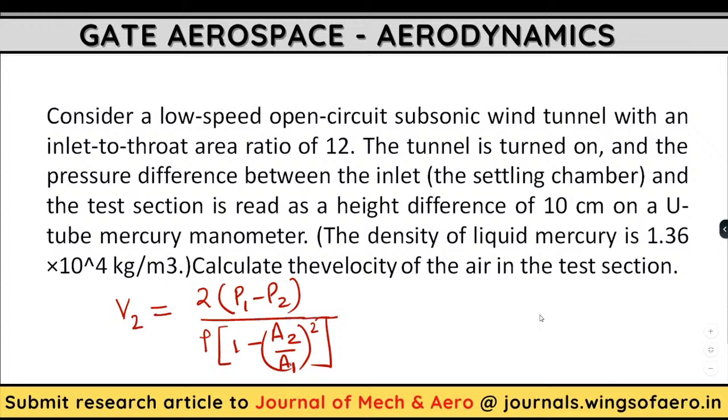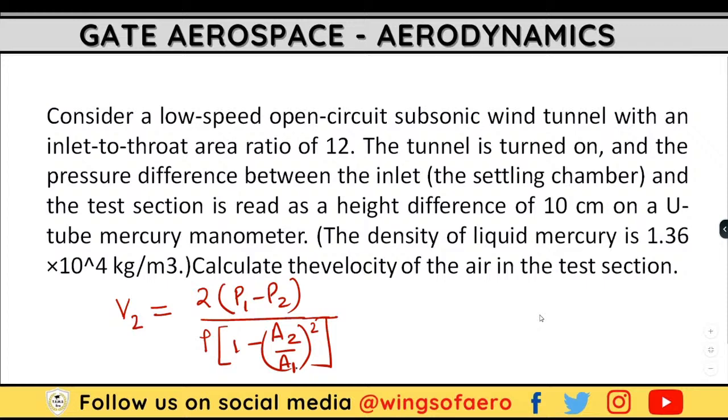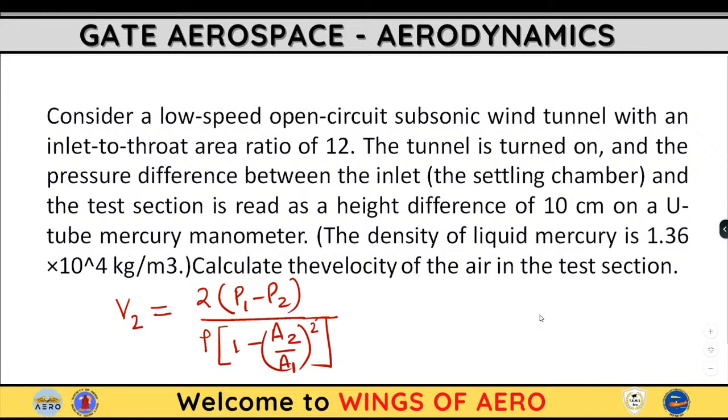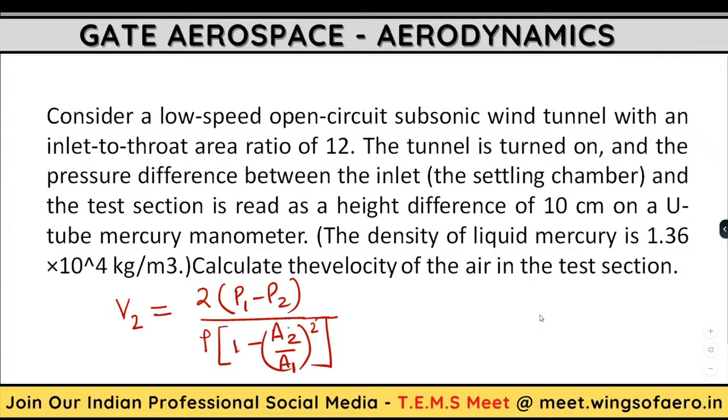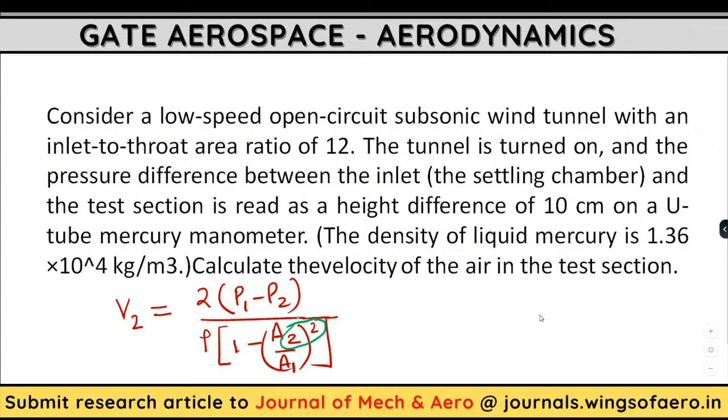Now, sometimes you might have a confusion about how to remember whether it is A2 by A1. Okay, so there is one way. When you're writing this form, both the 2s will be in the upper part.